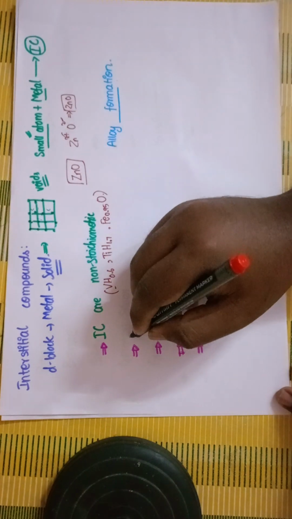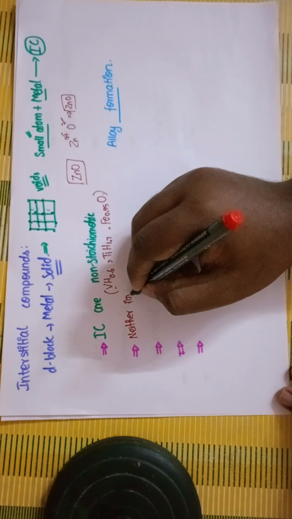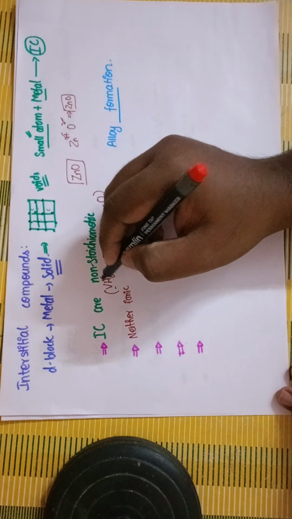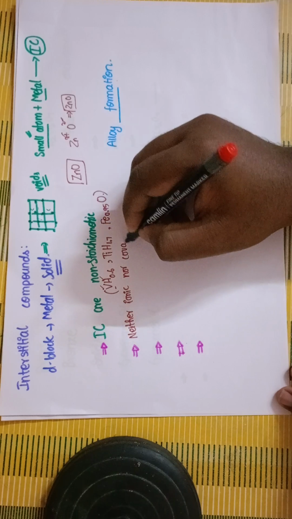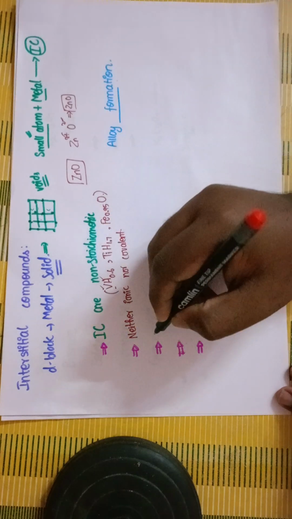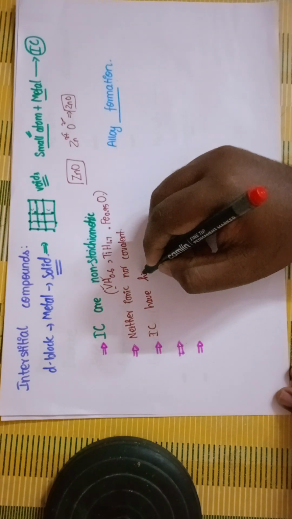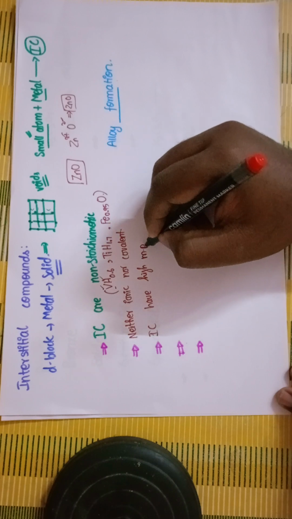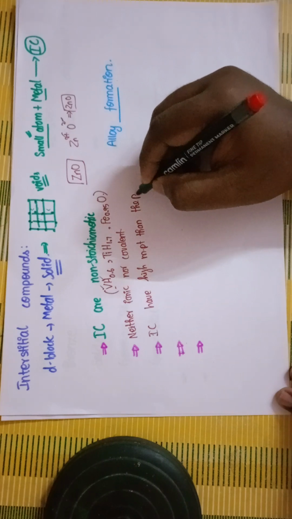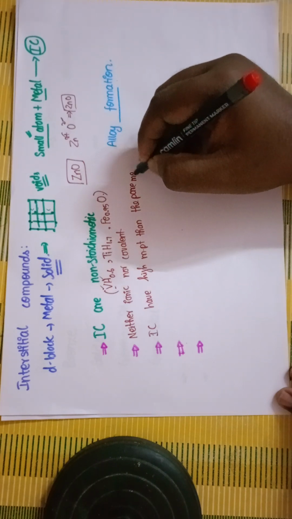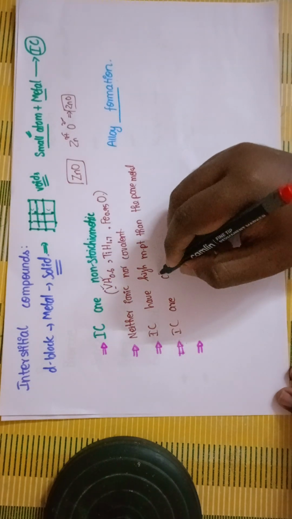And the bonding between the small atom and metal is neither ionic nor covalent. It just occupies the space. Interstitial compounds have a higher melting point than the pure metal. Interstitial compounds are chemically inert.